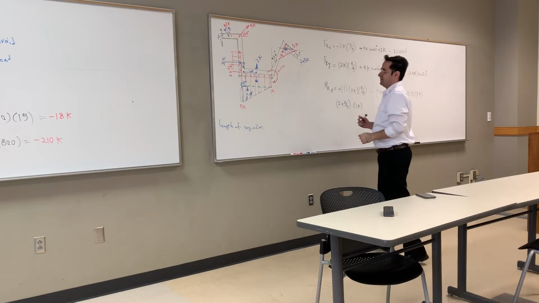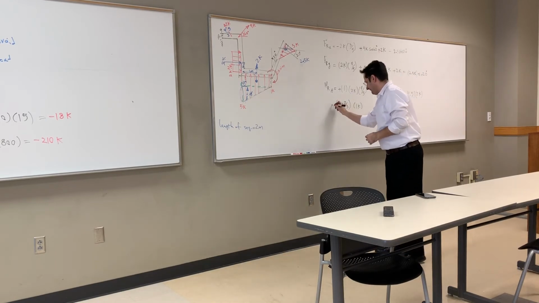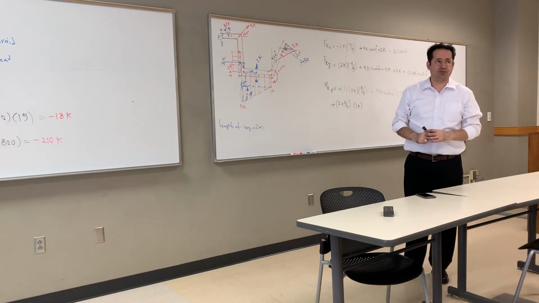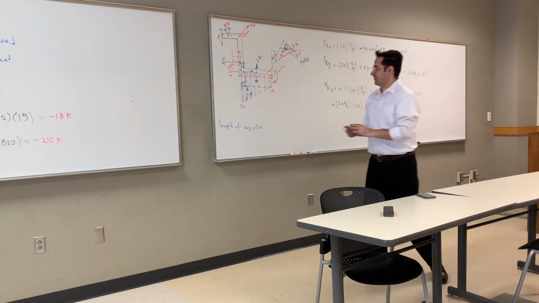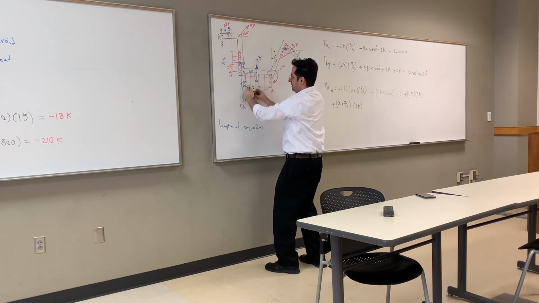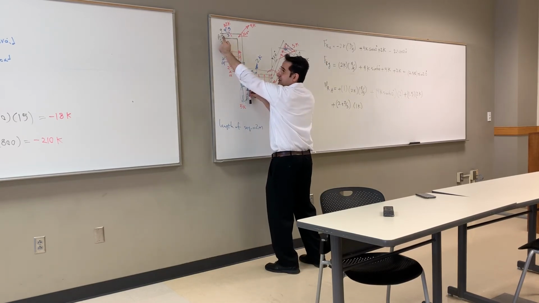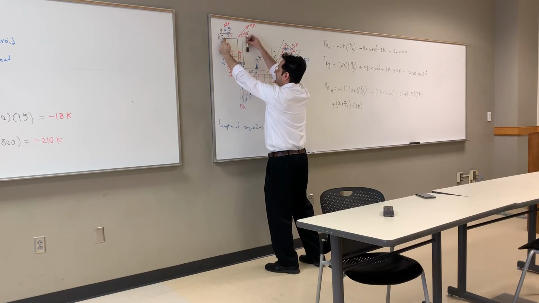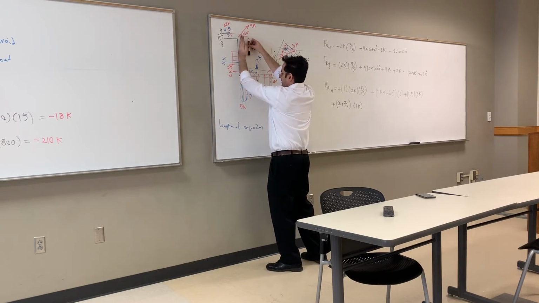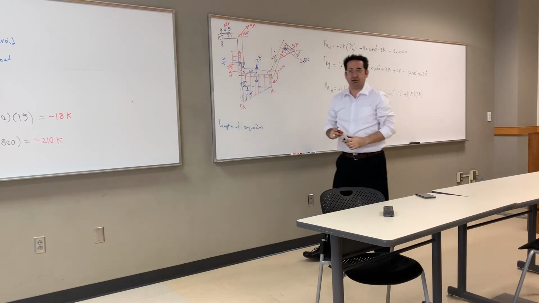Positive or negative? Positive. You see that? I'm talking about this guy. This one is not perpendicular to this, right? So you have to move it. Now the moment arm becomes here, which is 2, because the length of this segment is 2, plus this distance, which is 2 over 3.